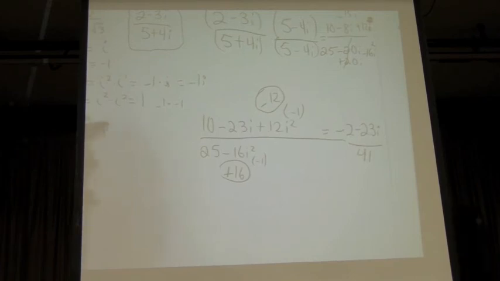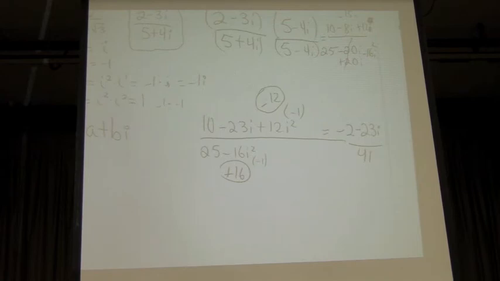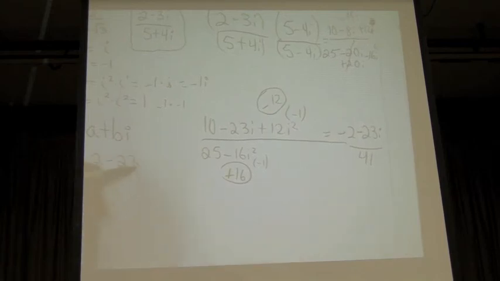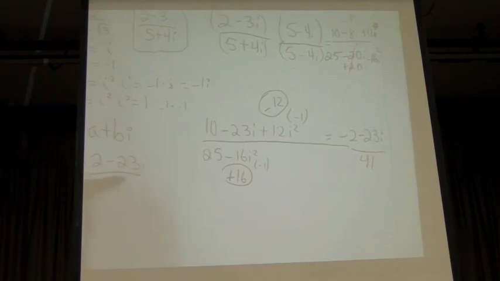So anytime they ask you to write a complex number on this essential standard, everything has a standard form to it. So whenever you write a complex number, we want to see it as a plus bi. So we can see what the a is and we can see what the b is. So right now we have -2 minus 23i over 41.